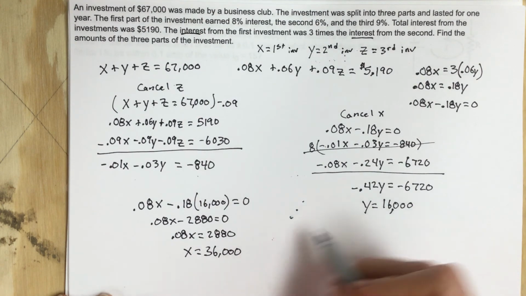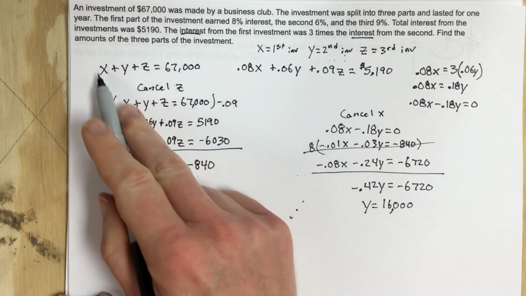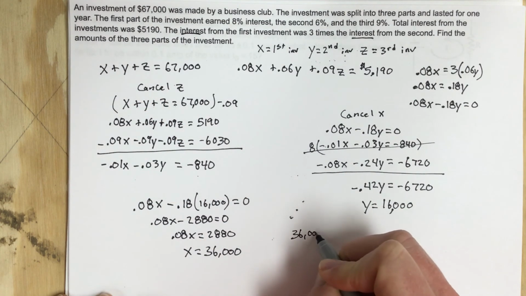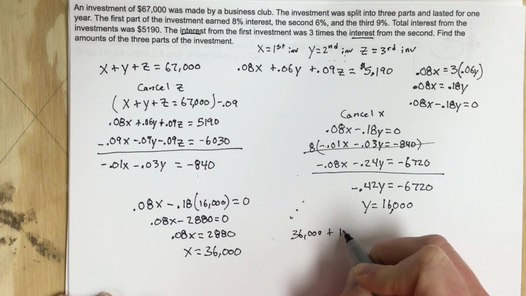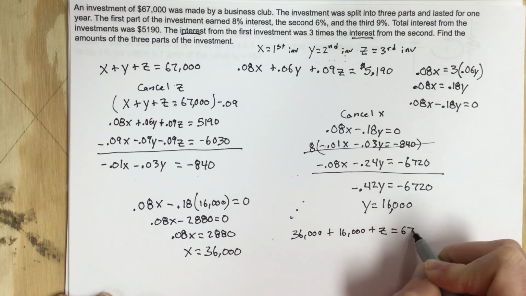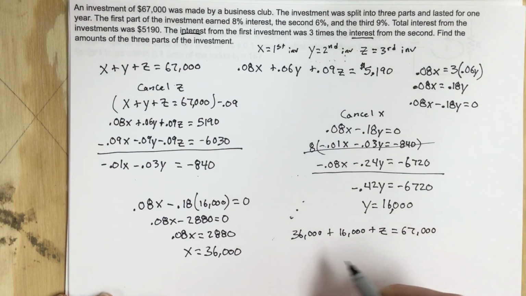Now if we take those two and we add them up, we can use this equation here. So we end up with 36,000 plus 16,000 plus z equals 67,000. When we add those up, this will give you 52,000.